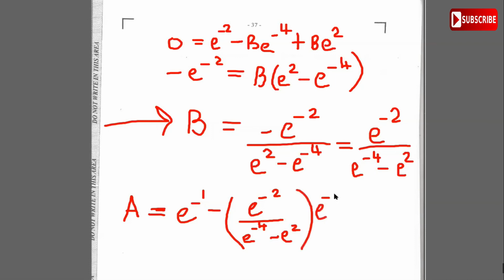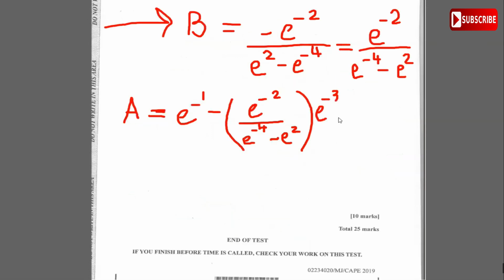That is a. And so what you can do is, since the bases are the same, we add the powers to get e to the minus 1 minus, this will become e to the minus 3 times e to the minus 2 is e to the minus 5 over e to the minus 4 minus e squared.